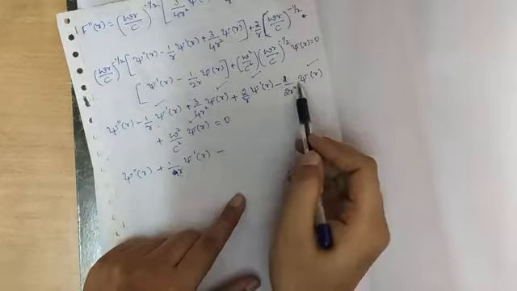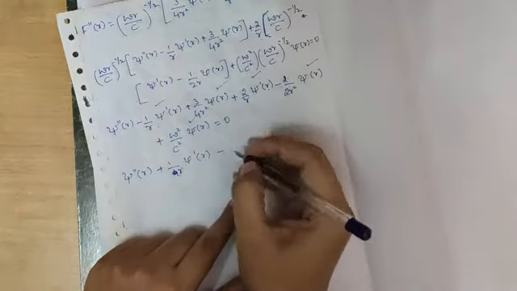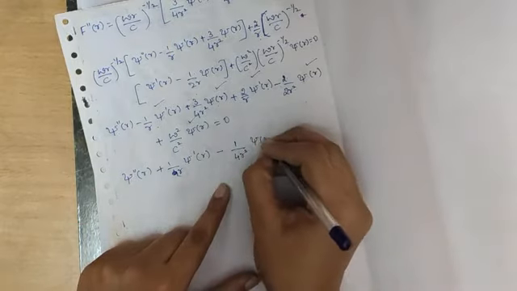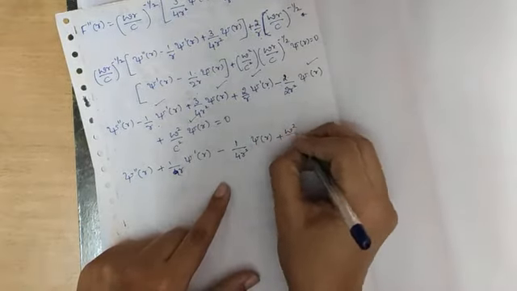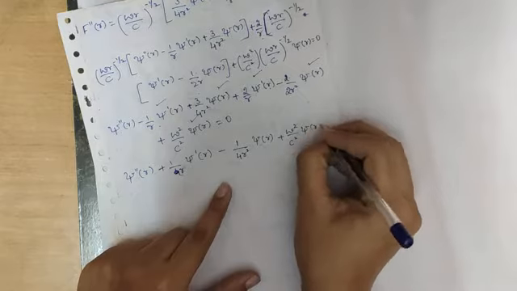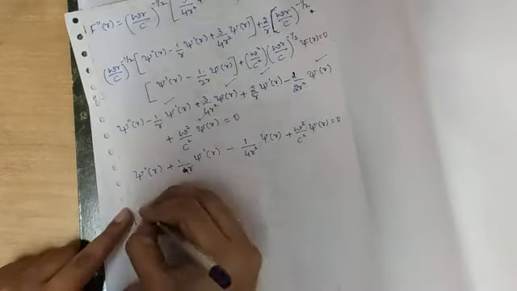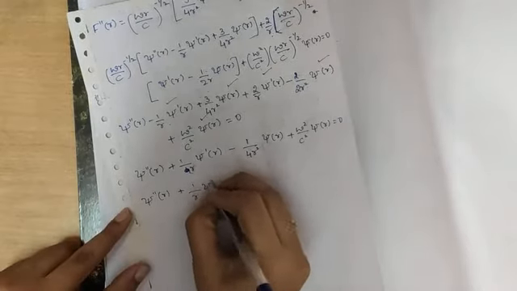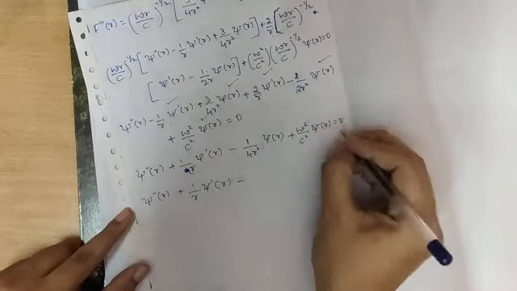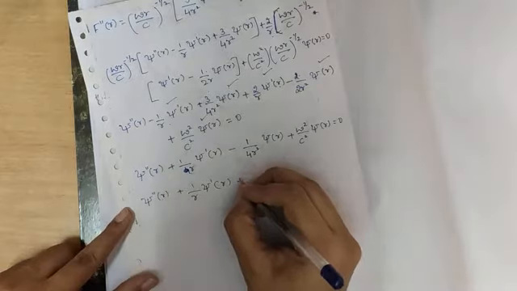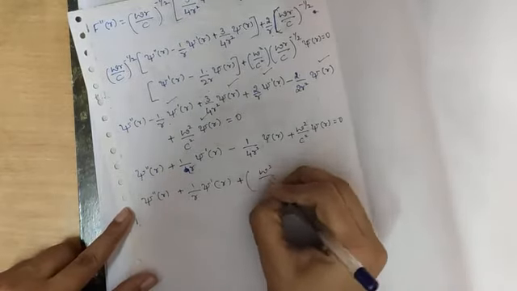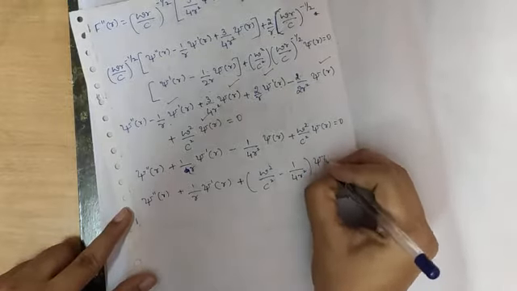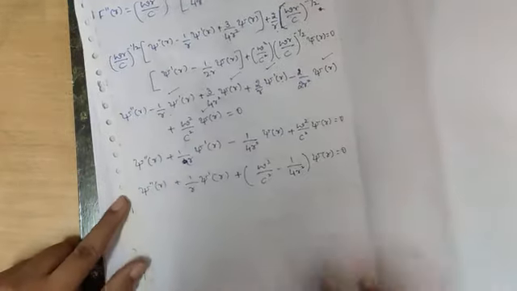First take these two, you will get minus 1 over 4 r square into xi of r plus omega square by c square into xi of r, which is equal to 0. So I will rewrite this and take xi of r common here: plus omega square by c square minus 1 over 4 r square into xi of r, which is equal to 0.